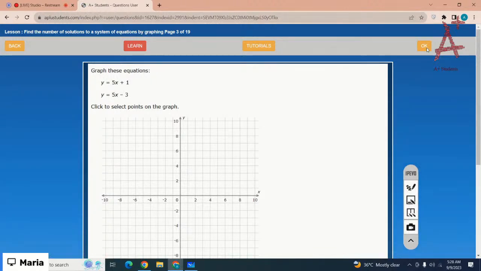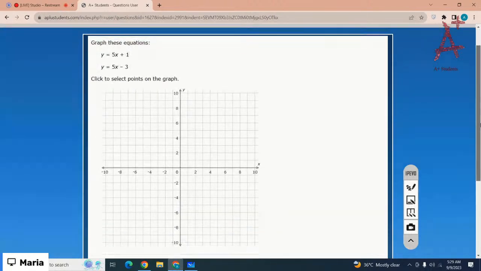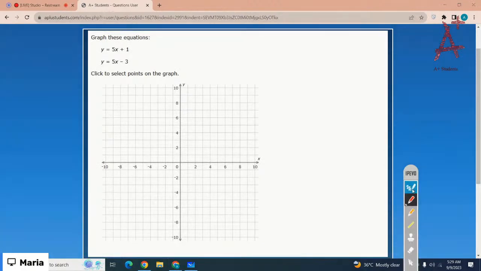Okay, graph these equations, 5x plus 1 and 5x minus 3, right? Just look at equation number 1. 5 is the slope, and for equation number 1, the y-intercept is 1, right? The y-intercept is the point where the graph is touching the y-axis, right? The x-coordinate is always 0. Y is 1. Okay, here y is 1, right?